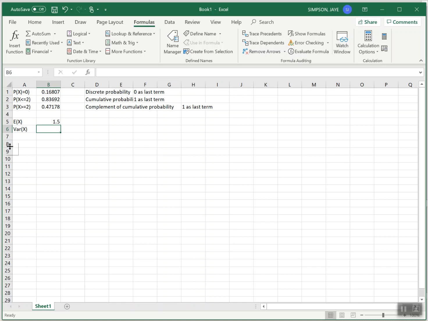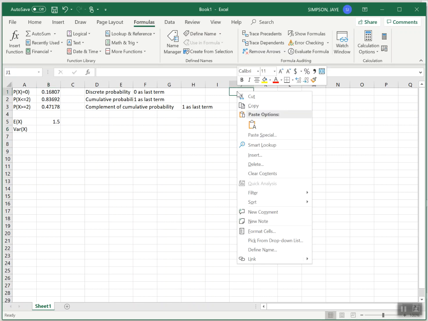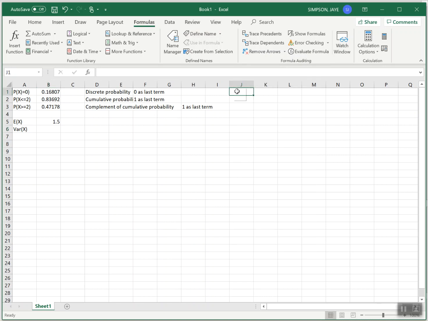Let's go ahead and write this over here. n equals 5, p equals 0.3, and so 1 minus p is 1 minus 0.3, or 0.7, right? So my formula for the variance is the mean, or the expected value, multiplied by the probability of failure, 1 minus p, or 0.7.